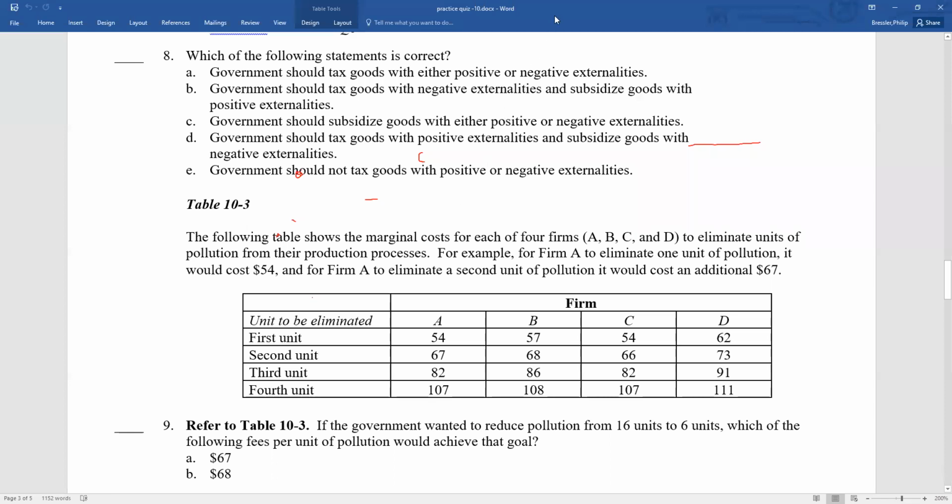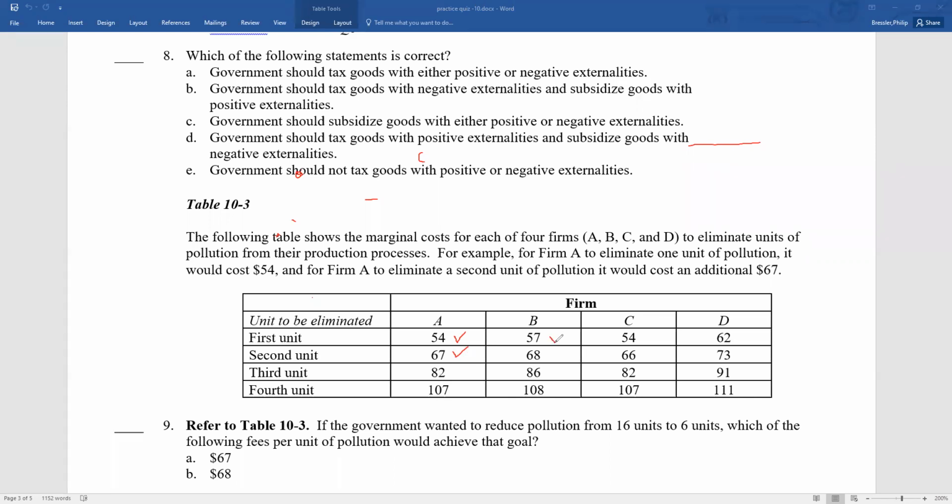So this is how much it costs to eliminate units of pollution. Say 67 is the government subsidy. If the government's subsidizing 67, company A can eliminate 1, 2 units, because it costs 54 and 67. The third costs 82, they're only getting 67, so they can't.